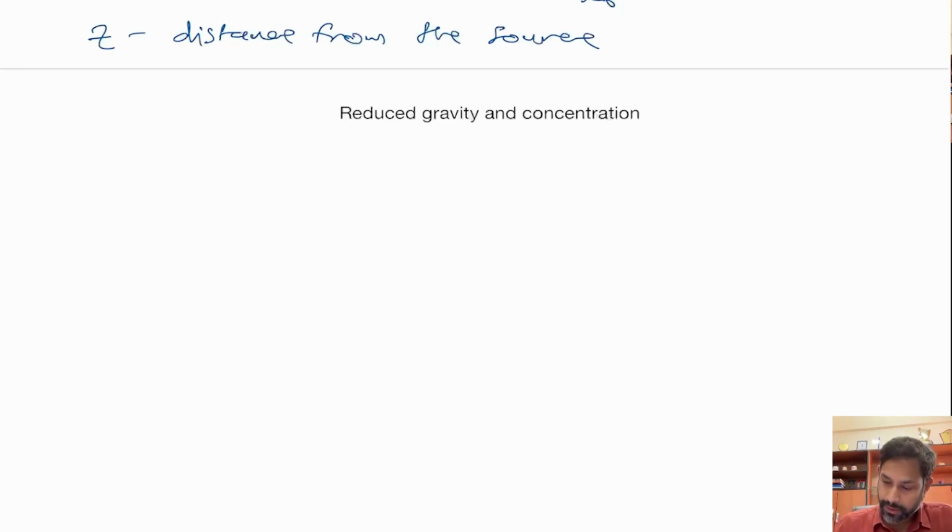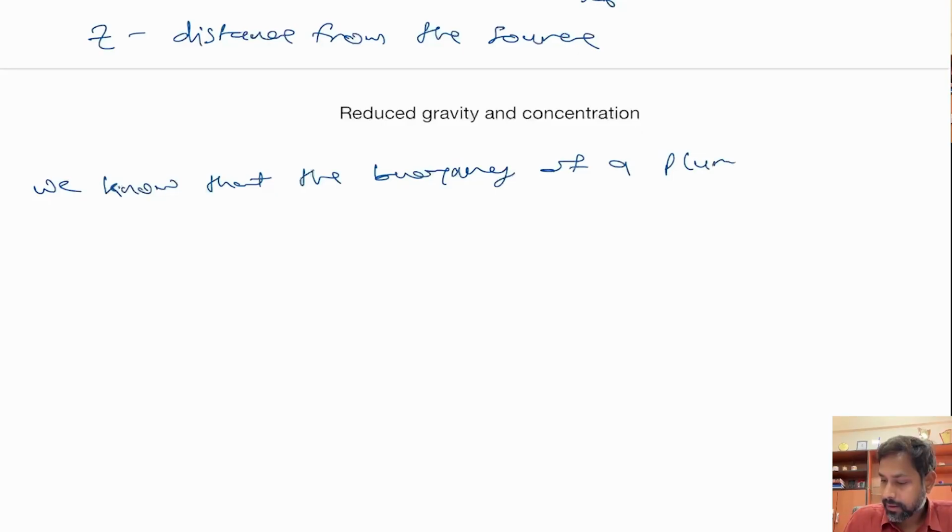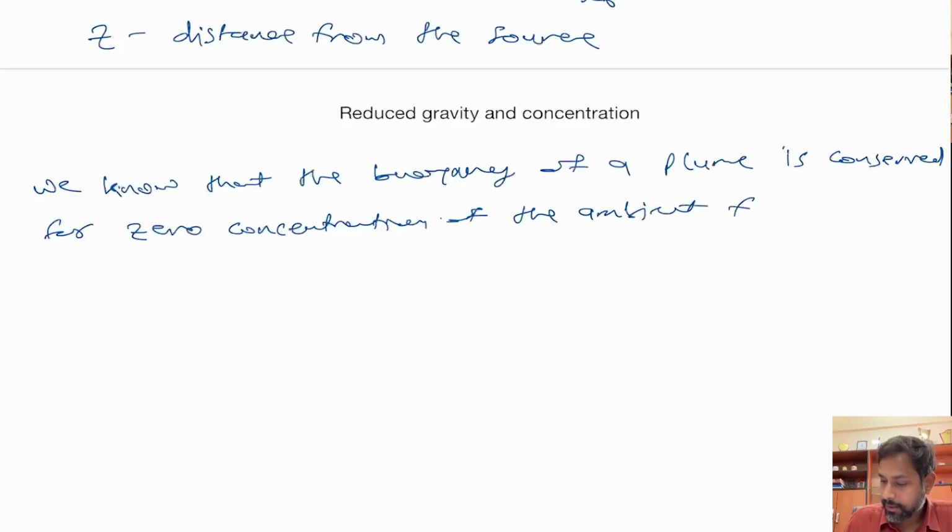So we know that the buoyancy of a plume is conserved for zero concentration of the ambient fluid. Okay, so this is again something that we have seen in case of free plumes.